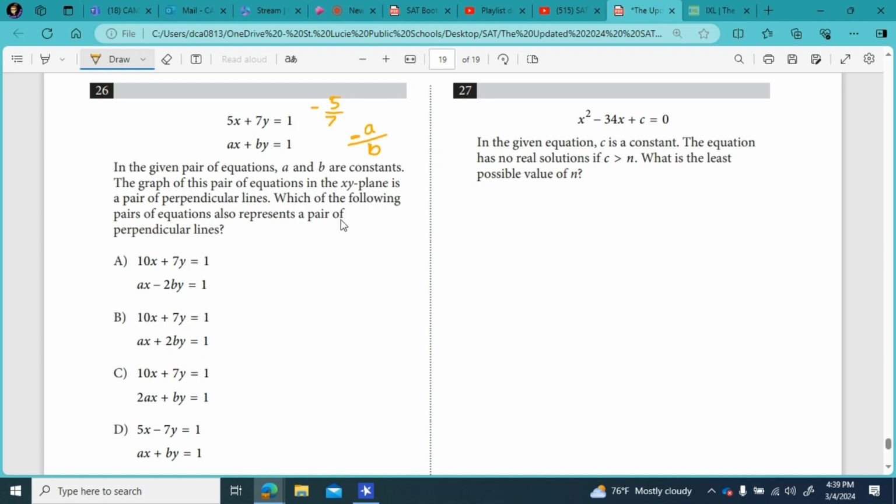If these are perpendicular, everything's positive. B and C both have everything positive, so I'm going to eliminate A and D.